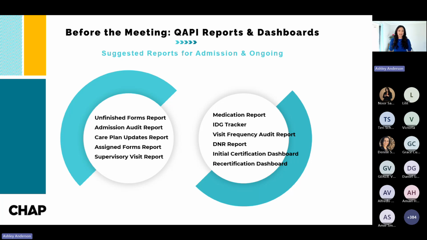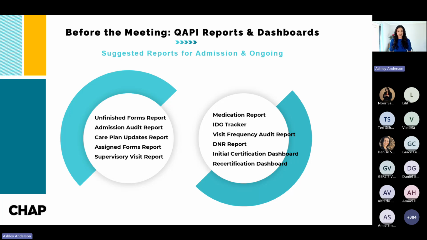The other element of that report is if any of your team members are currently working on any documentation, it allows you to pinpoint the things that are still unfinished and outstanding that you may want to send a reminder out to complete. A lot of unfinished documentation in general doesn't just affect IDG, but it could affect your billing and claims as well.